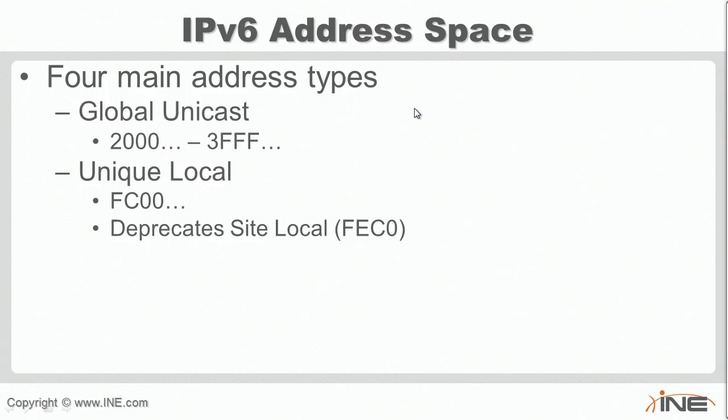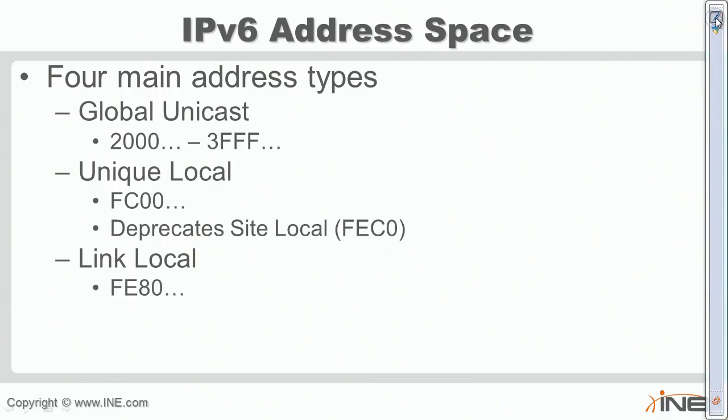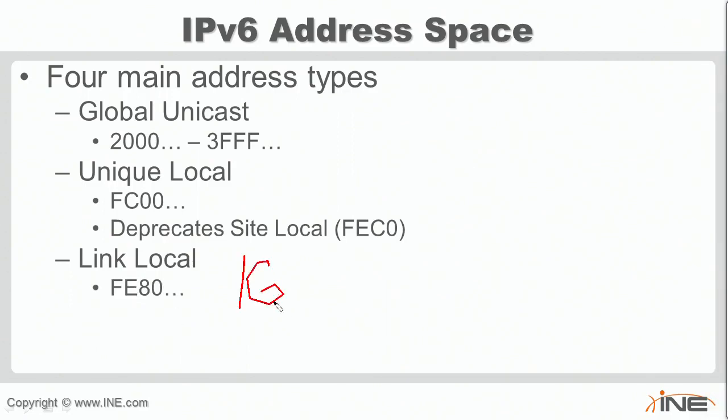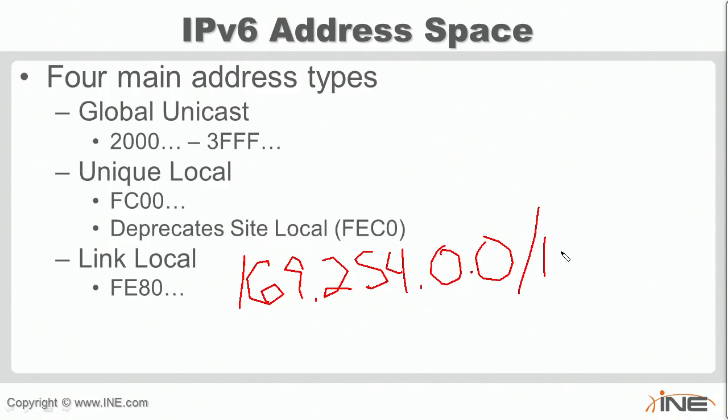Then we have what is known as the link local. The link local addresses are equivalent to the IPv4 addresses 169.254. You've probably seen this address before, because this is what Windows chooses by default if it can't get an address from DHCP.